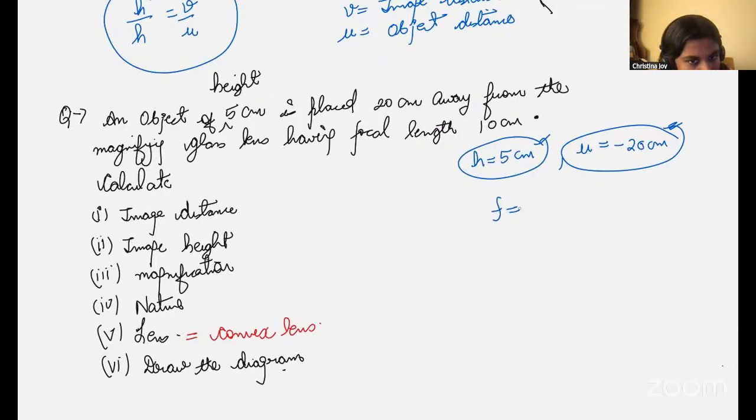Sir, in convex lens, it's negative. Negative. Okay. Joshua, can you correct it? Is it correct or wrong? Okay, convex lens focal length is negative. What about you?